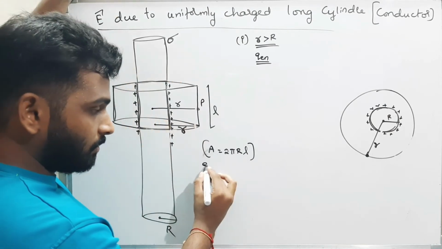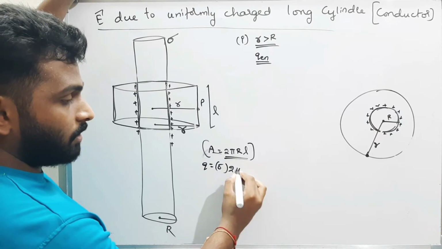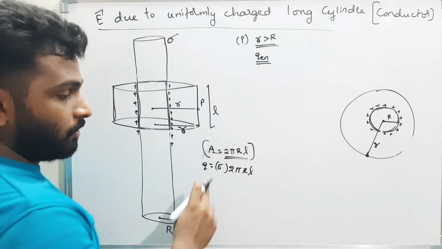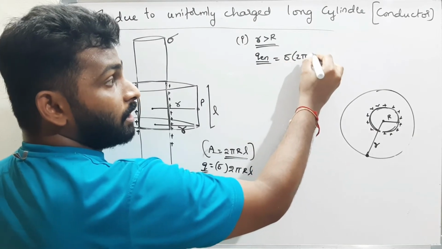The charge is simply sigma multiplied by the area. Therefore, the charge enclosed is sigma into 2 pi capital R into L.